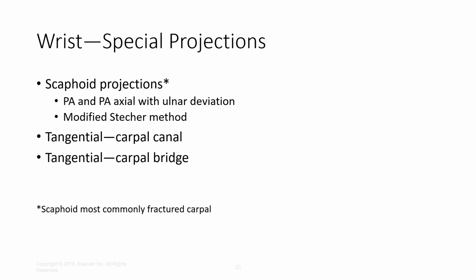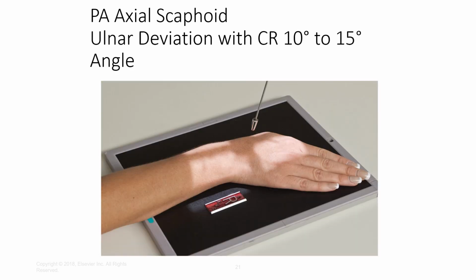Tangential means skimming a part. So the tangential views are typically done for the carpal tunnel or carpal canal. That's the Gaynor-Hart method on page 158. And then there is the carpal bridge, which is on page 160. Remember, the scaphoid is the most commonly fractured carpal bone.